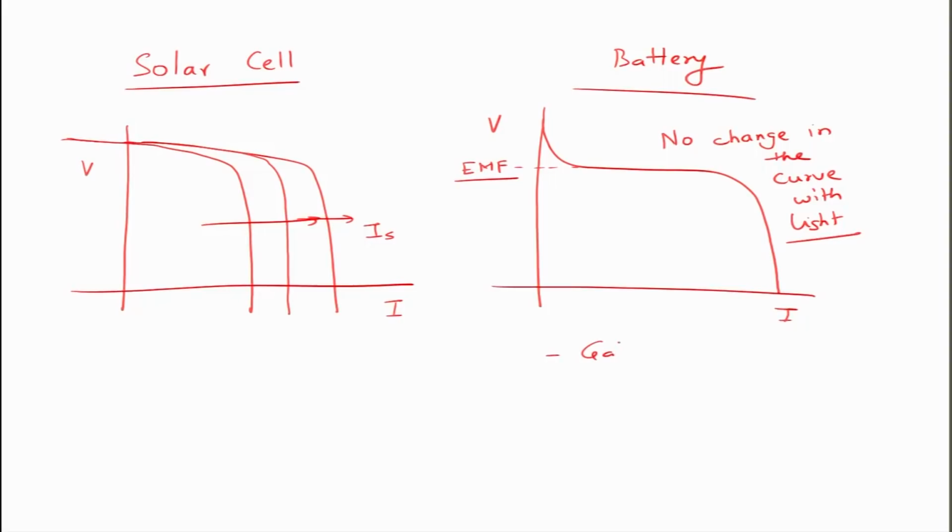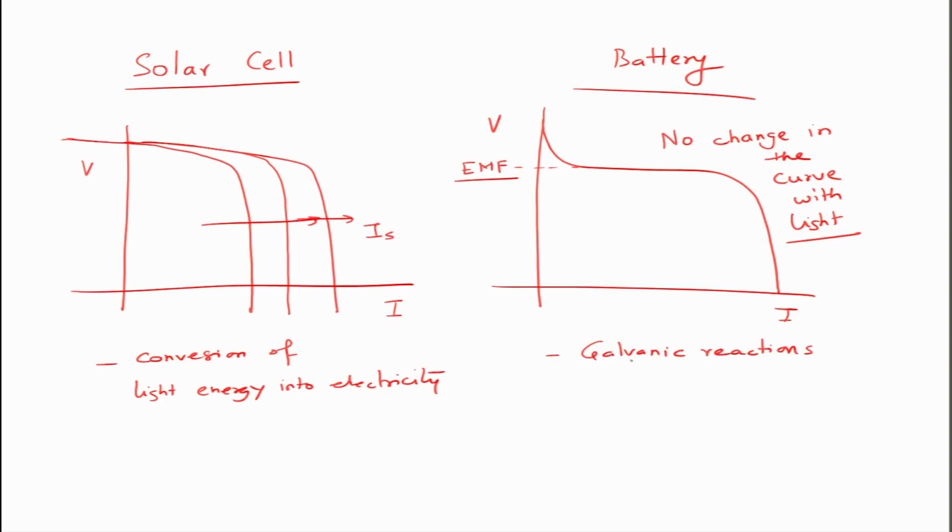Okay. Because we use both batteries and solar cells, a battery is also a power generator, and a solar cell is also a power generator, but there are fundamental differences between the way they operate. A battery is based on galvanic reactions, whereas a solar cell is conversion of light energy into electricity.